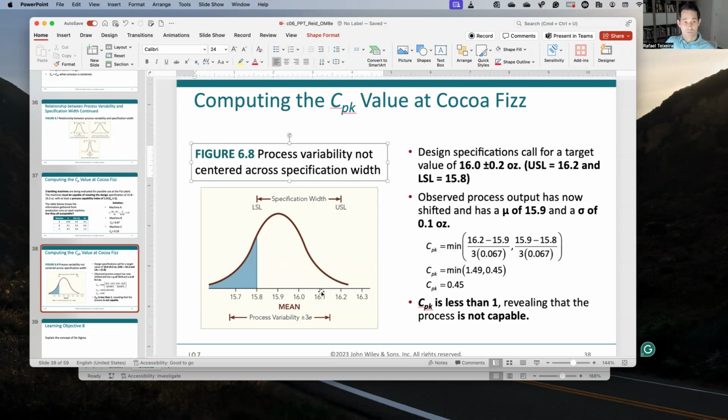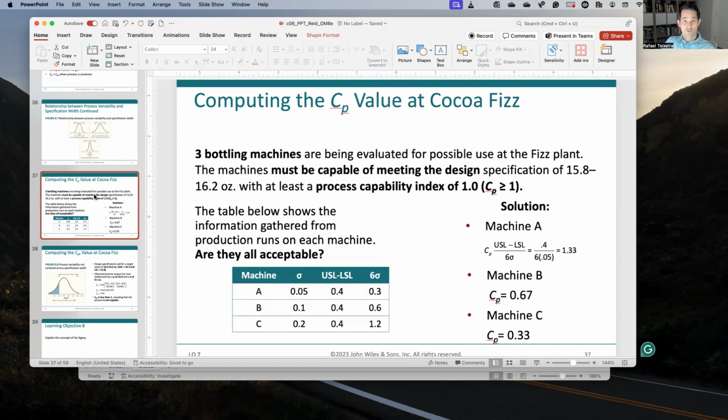Here's one example. I want to remind you what the example is. We have a company filling bottles of, I don't know, water. Let's assume it's water. I don't remember what it is. Three bottling machines are being used for possible use at the fish plant. The machines must be capable of meeting the design specification.